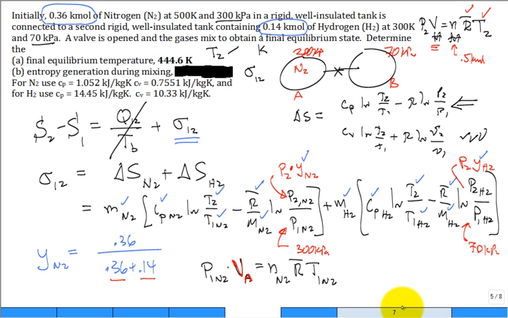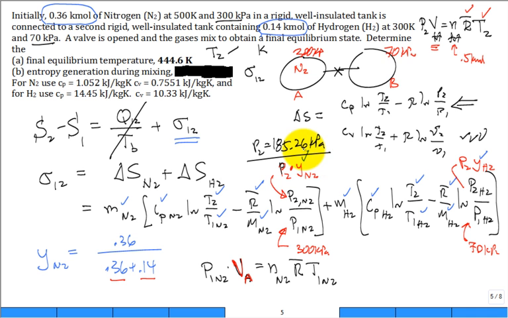You got it? And so it's a lot of work to get P2, but once you get P2, let's see if I have a value for P2. I can't see it. Oh, here it is. P2 turns out to be 185.26 kilopascal.